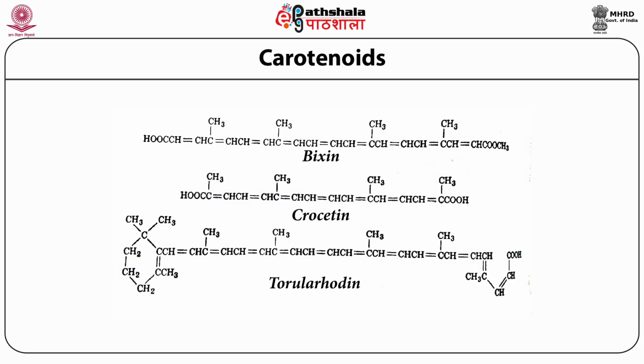Oxidative cleavage of the carotenoids gives a few carotenoids containing carboxyl groups, naturally occurring and obviously having fewer than 40 carbon atoms. Notable among these are bixin from the pods of Bixa orellana, crocetin, the carotenoid responsible for the color of saffron, Crocus sativus, and torularhodin found in the red yeast Torula rubra.